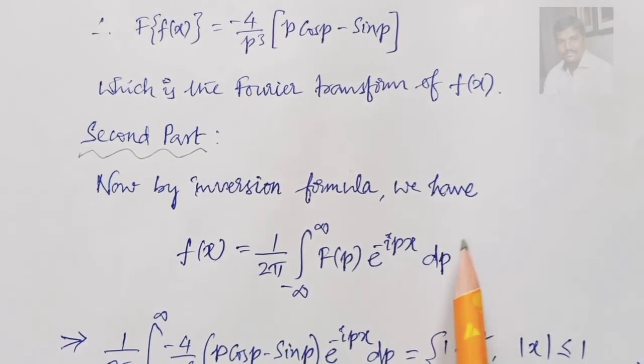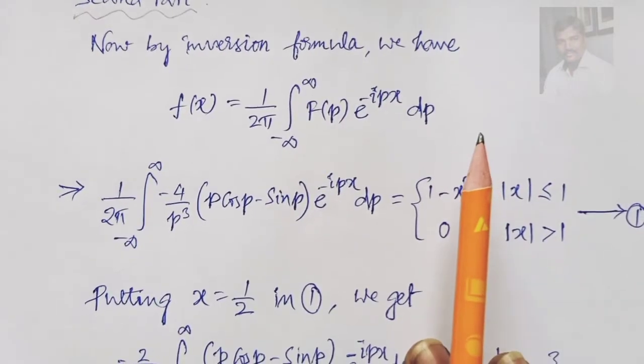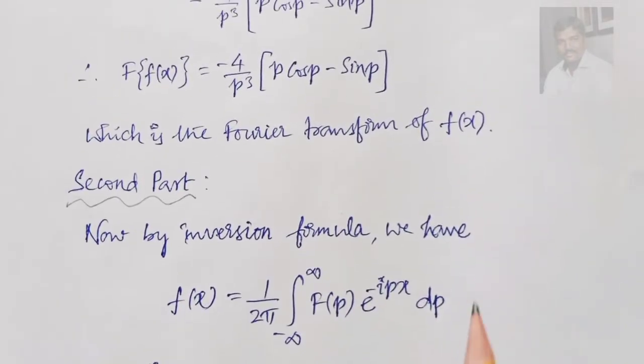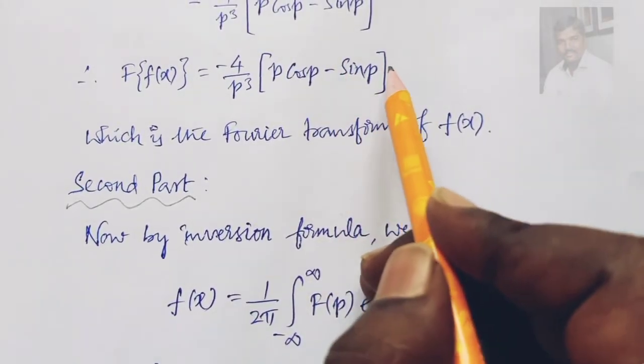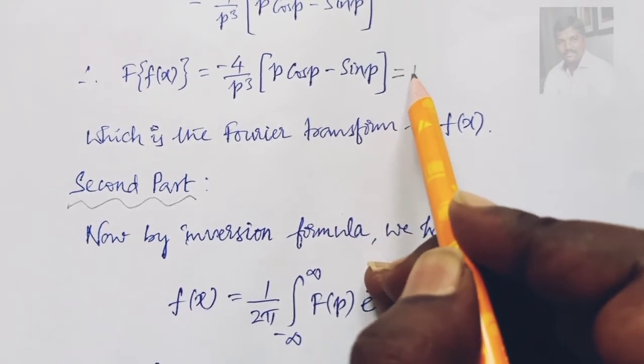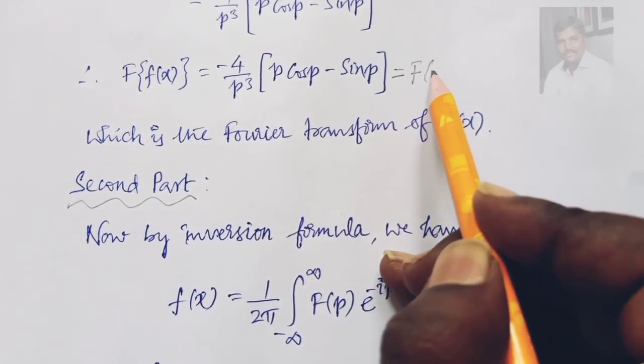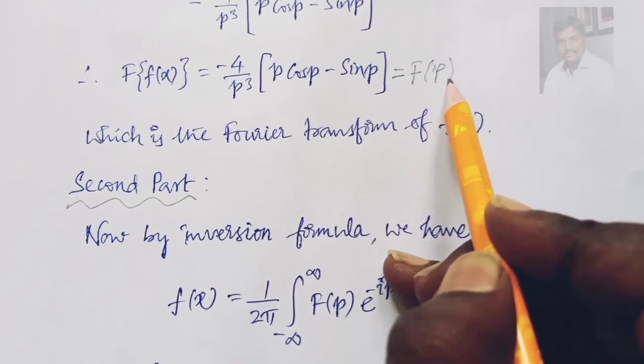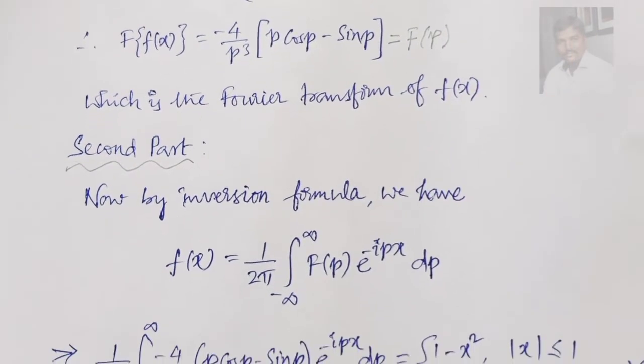Now what is capital F of p here? This is what we got here, the Fourier transform of the given function.